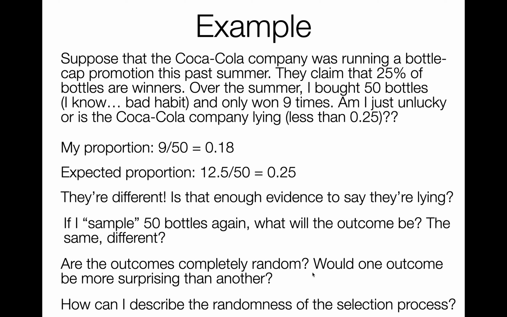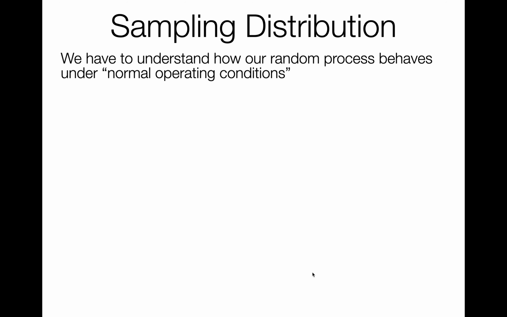Or any number between 0 and 50. How do I describe that randomness of each time that I get 50 bottles? That's what we're going to discover in this class. Now, hopefully that wasn't completely confusing, but if it is, it's okay. We're going to get to the specifics later on. I'm just trying to get you to think.